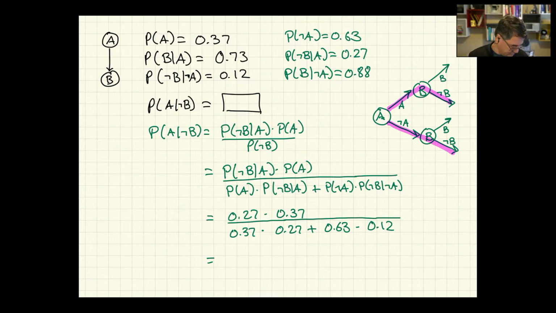So if we run that through our calculator, let me go ahead and do that. So we have 0.27 and 0.37 gives us 0.0999.